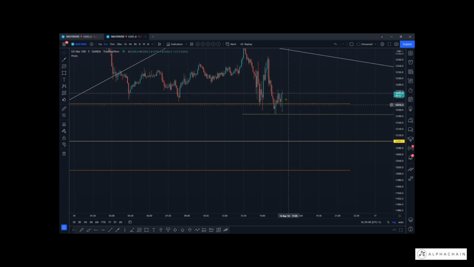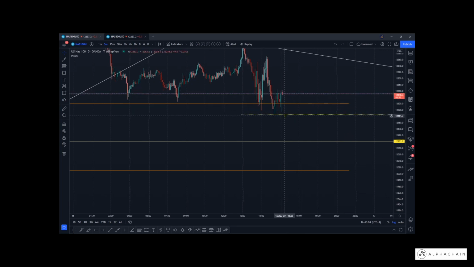Or you could say as soon as price pierces and closes slightly below, it could be say 12,180 or 179, because you might see a bounce off that round number. That's one option.